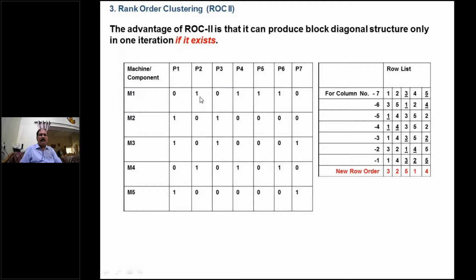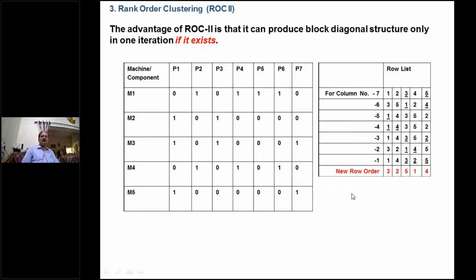Here row 1 and then row 4 have ones. So bring them to the front. When you bring them to the front, then you go to column 1. So row 2, row 3, and row 5 have been underlined. So your new row order becomes 3, 2, 5, 1, 4.